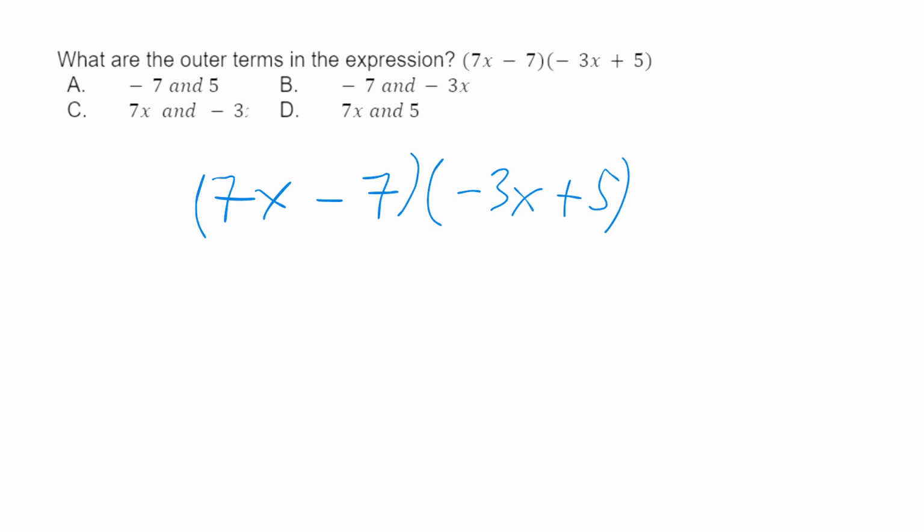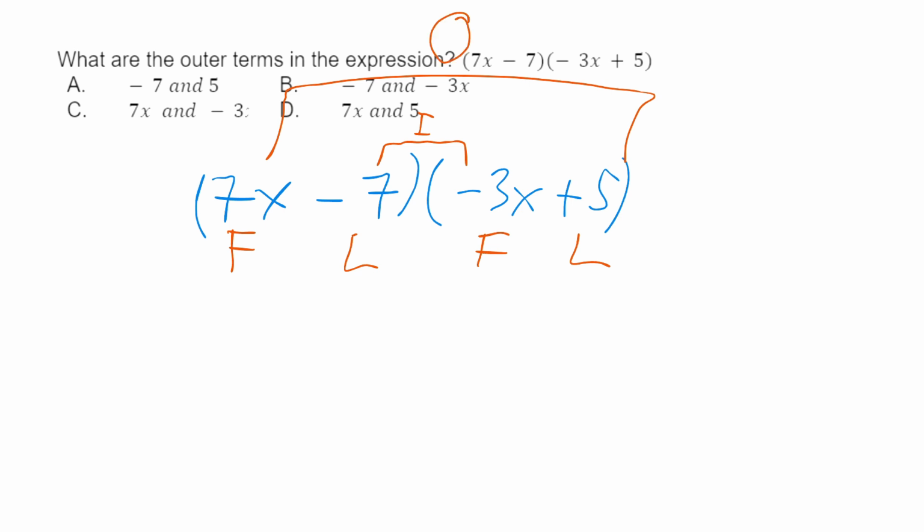So remember, the 7x is the first term. The negative 3x is also first term. The negative 7 is the last term. And also the positive 5 is also last term. This negative 7 and the negative 3 here are your inner term. And then the negative 7 and the positive 5 are your outer term.